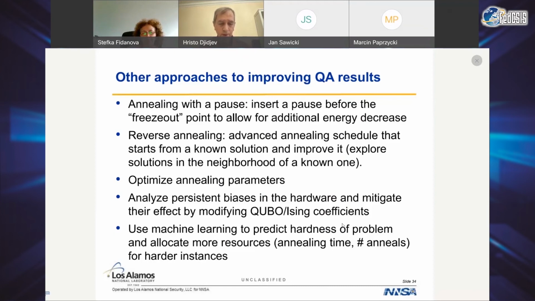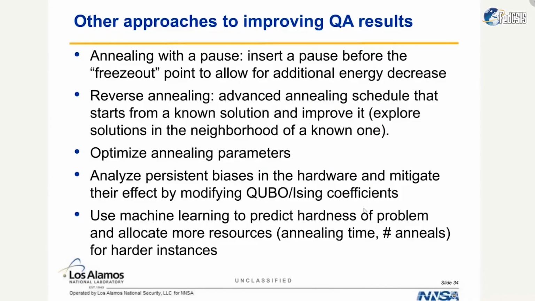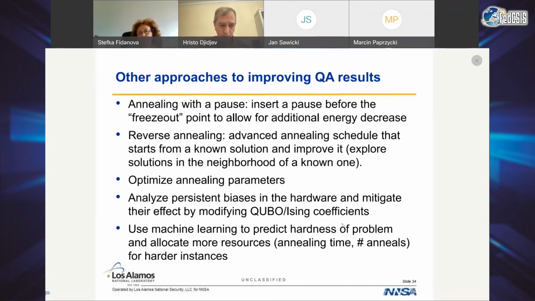So in order to get rid of some bias, we can slightly change the original coefficients of the QUBO version in order to neutralize, to mitigate the effect of those biases. And finally, we recently used machine learning to predict the hardness of a problem, and based on that to allocate more resources, which might be longer annealing times. It can be a larger number of anneals, so that we can get better results for harder problems. Okay, next one.